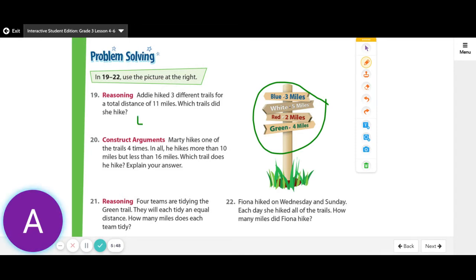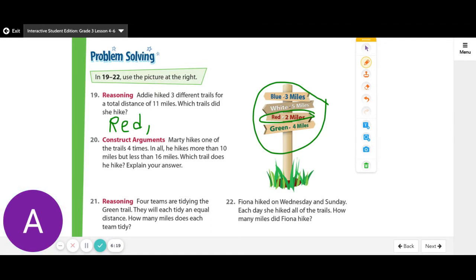Let's try with the green first. So green is 4 miles. I know 4 plus 5. Let's do the white. So 4 plus 5 would give us 9. And then I need 2 more, and I see that the red is 2 more to give us 11. So she hiked the red trail because that gave us 2.